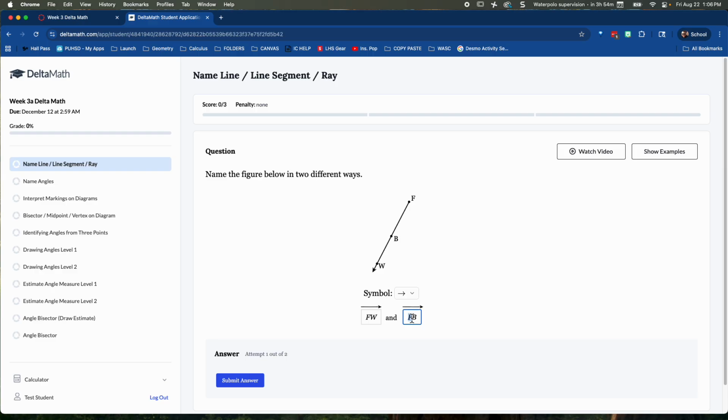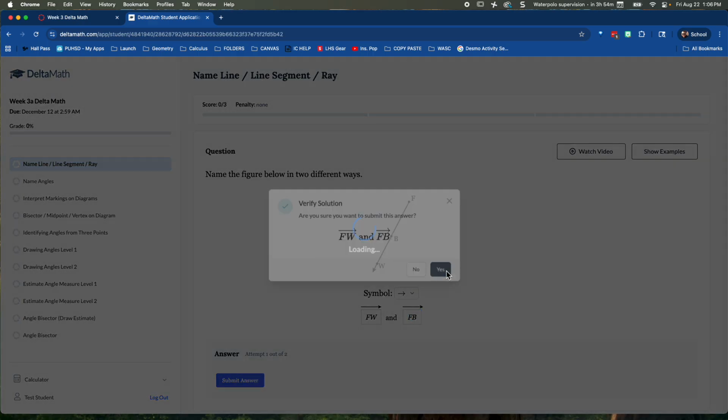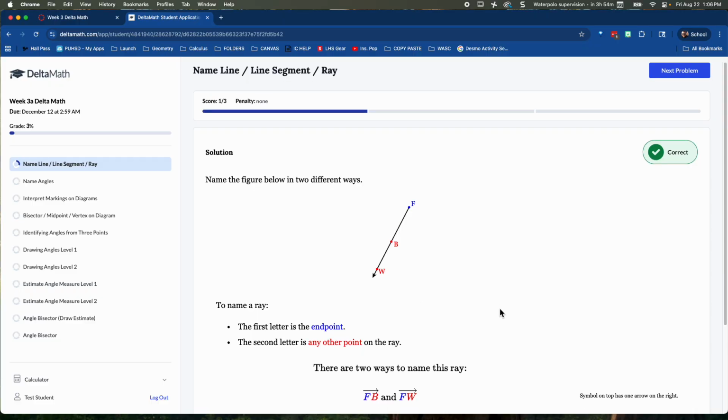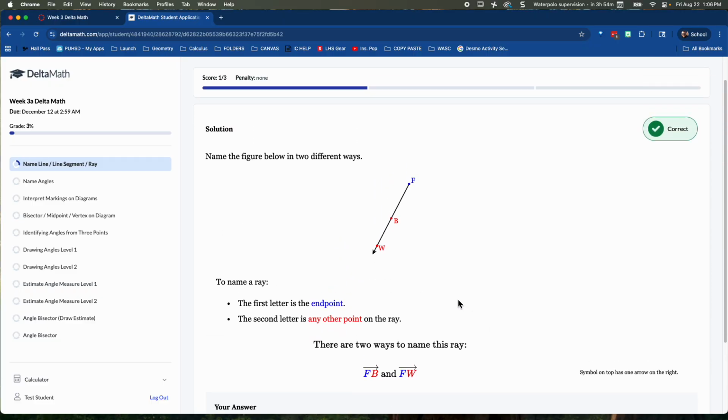But they start at F, and that's the important piece. If I were to submit and say those are the things I think it is, awesome. It does give me the ways to name a ray, so it has an endpoint, meaning the end of the piece that you're looking at. The second letter is any other point that you pass through, so it could be the B or the W.